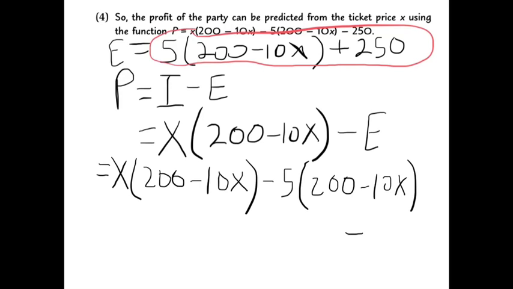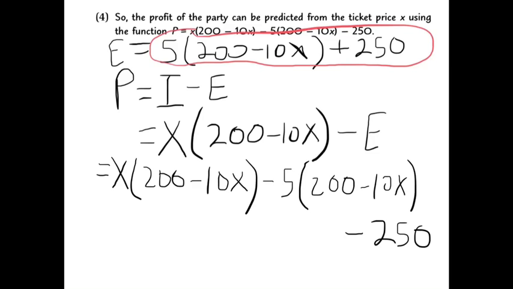And then minus 250. Whenever you're dealing with profit, your income should be positive, but your expenses should be negative. So this is a negative 5. We take away $5 for each ticket sold, and we have to take away $250 from our profit. So that should explain the part about putting the function together.